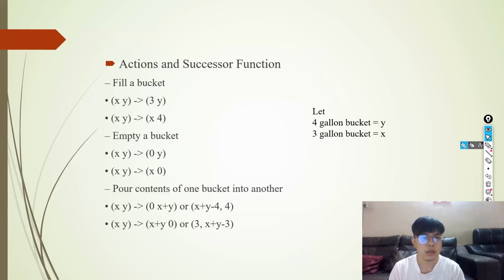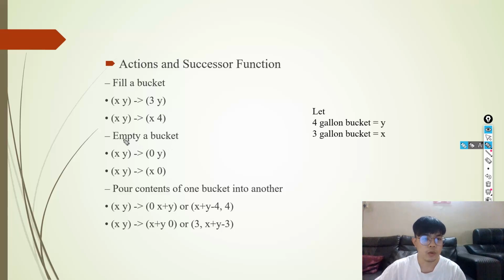We let the 4-gallon bucket be y, while the 3-gallon bucket is represented as x. So we fill the bucket: (x, y) becomes (3, y), which represents the 3-gallon bucket. Then (x, y) becomes (x, 4), which is the 4-gallon bucket.